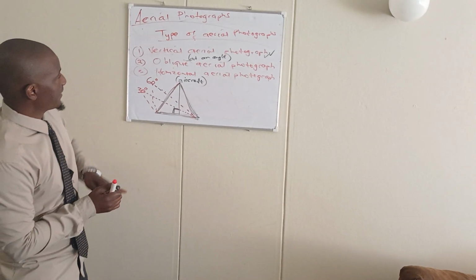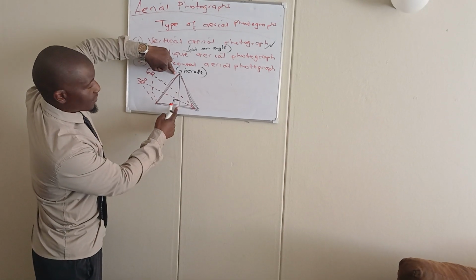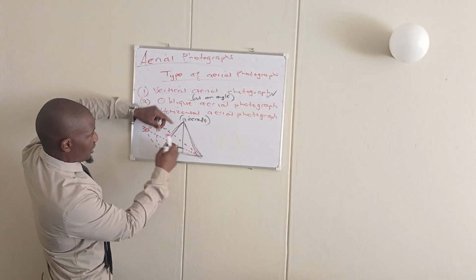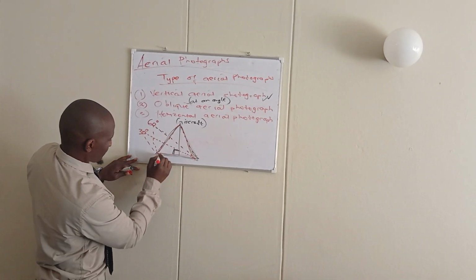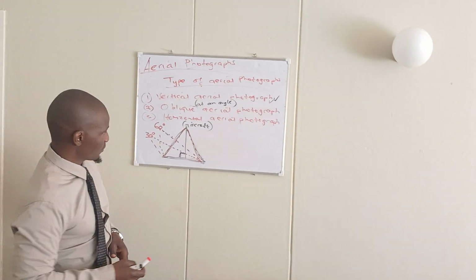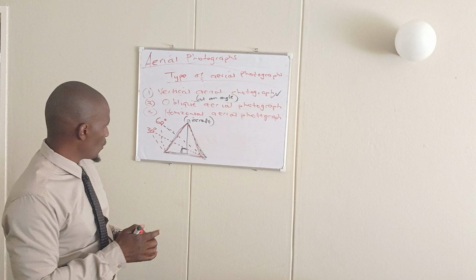So we have the vertical aerial photograph, which is taken at 90 degrees from the vertical, which means from the top, more like a top view. You can see what is being captured is this area. Then you have the oblique aerial photograph, which means at an angle. We have high oblique and low oblique.